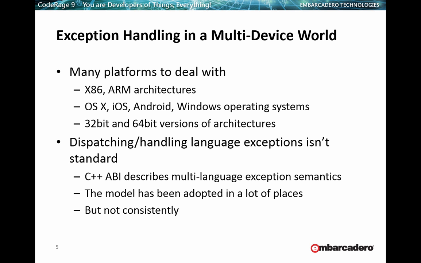And it included a very detailed description of how exceptions would be dispatched, how they would be unwound, how the stack unwind process would go, so that when you throw an exception, the exception has to travel up the various different stack frames to ultimately where it's going to be caught.